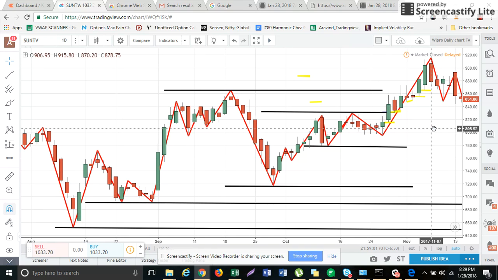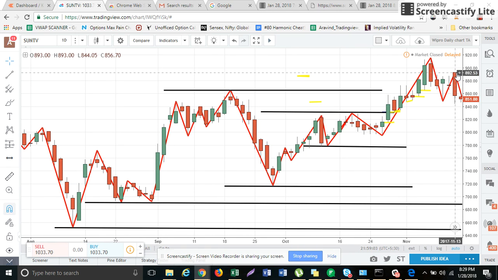So on the next day, what happened? It made a higher top, and again it went down and broke the previous swing low. So either we can enter here or we can wait for the next day. So what happened on this particular day?